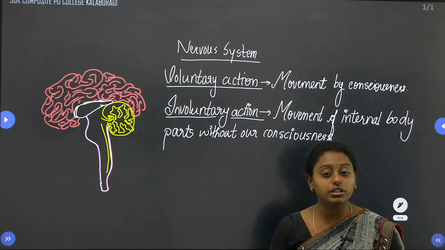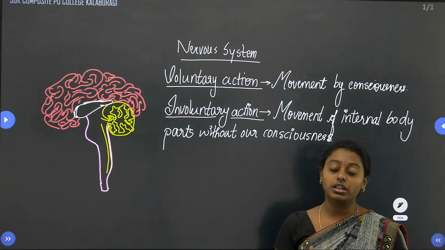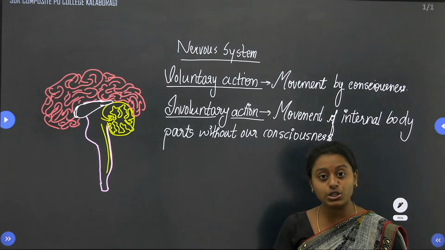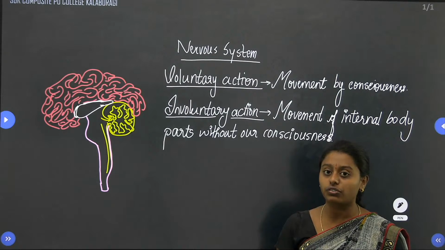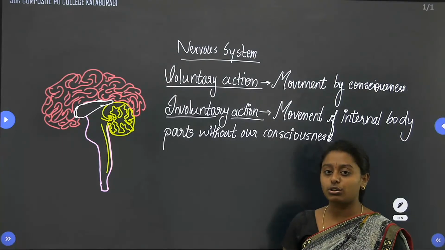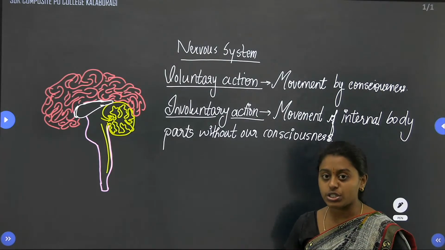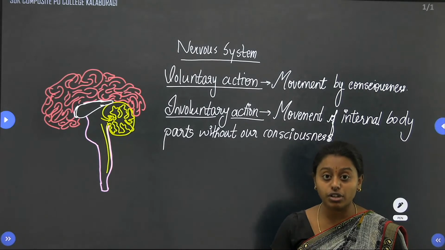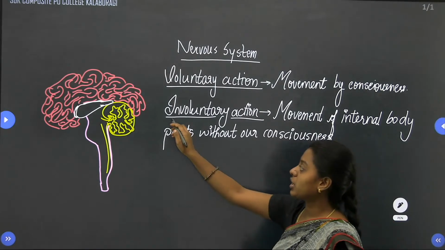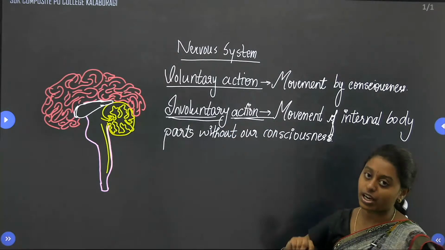The rate of the heartbeat can also increase, and the rate of the food being digested can also increase without our will. So all these are controlled by actions which are not under our control. Such actions are termed involuntary action.